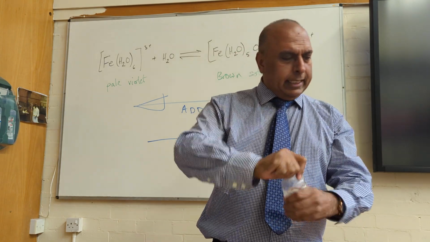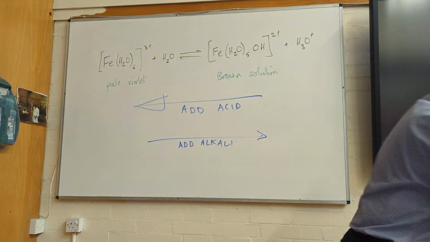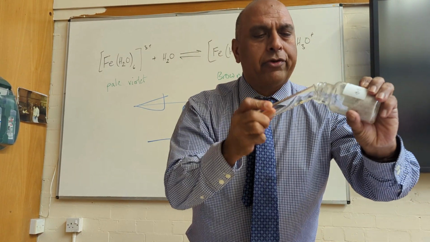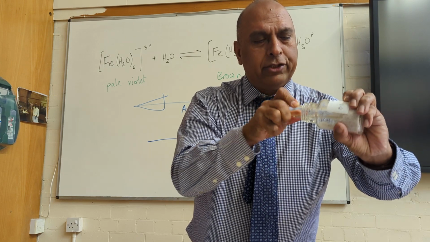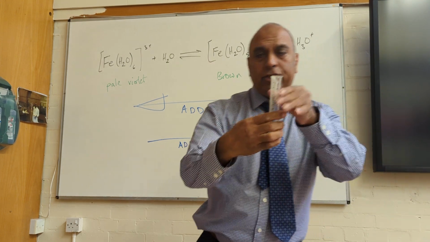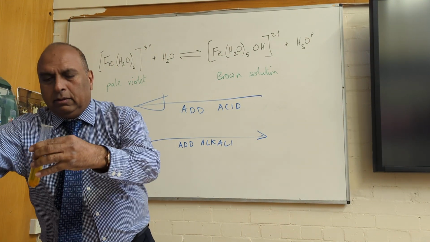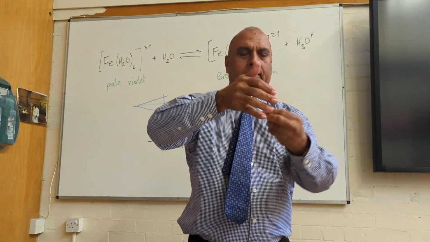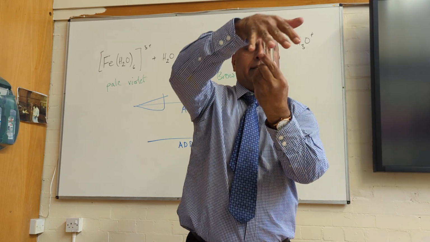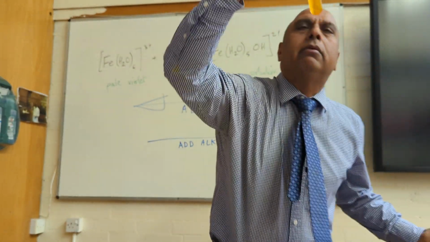Now, if I just show you that with a test tube, and I get some of the iron 3 into my test tube here, and I dissolve it in water, then it's pretty clear from when you do this that that is brown.